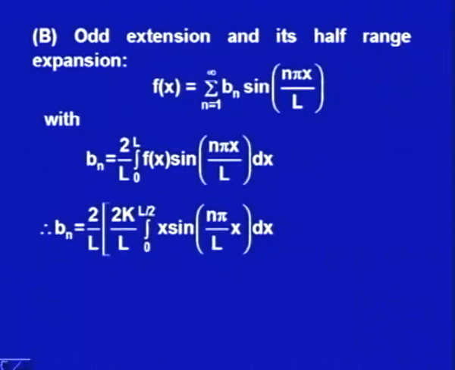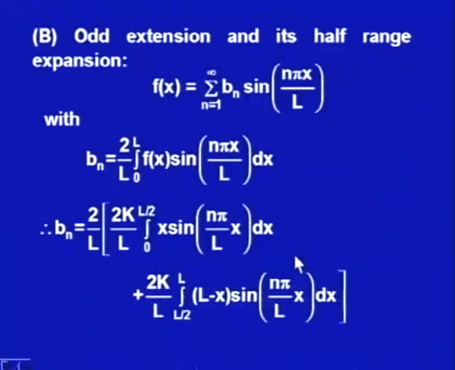That would be 2k by L integral 0 to L by 2 of x sin n pi x by L dx, since our function is defined from 0 to L by 2 and then L by 2 to L. So the next integral would be 2k by L integral from L by 2 to L of (L minus x) sin n pi x by L dx. Now, evaluate these integrals.